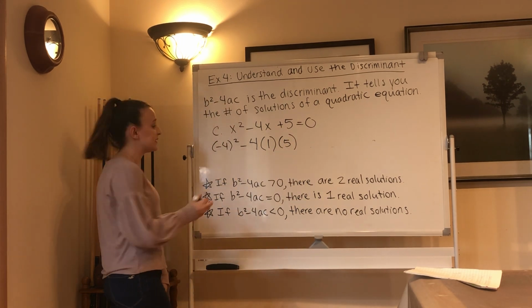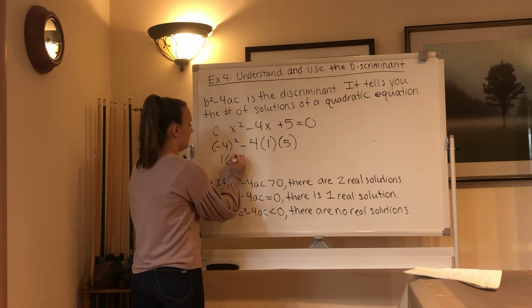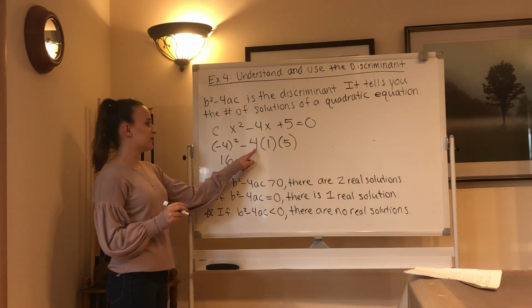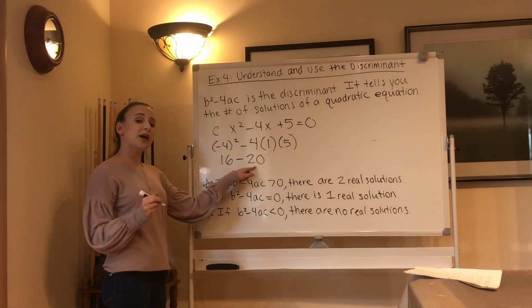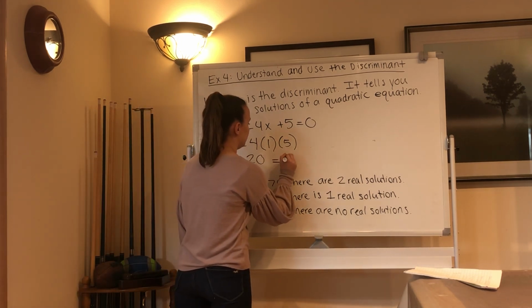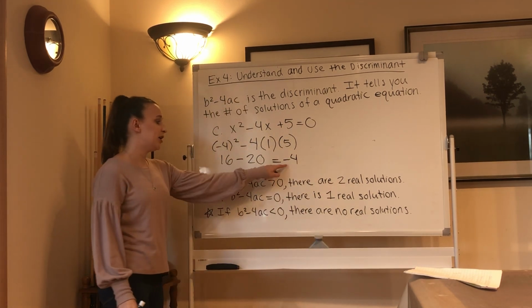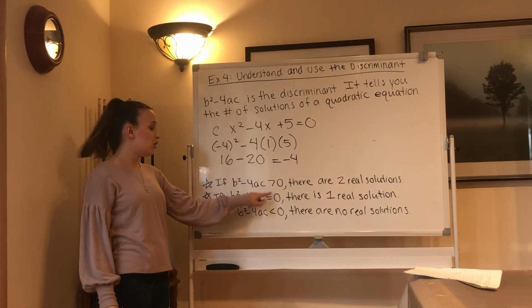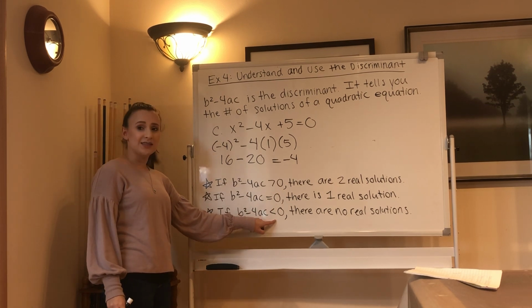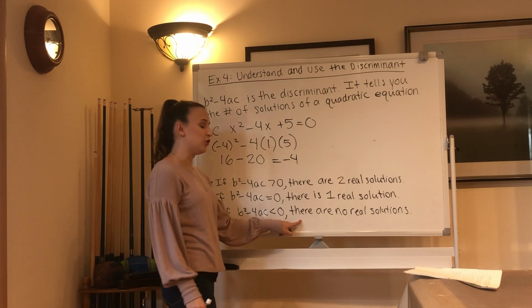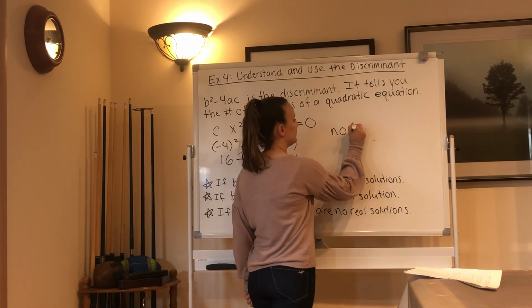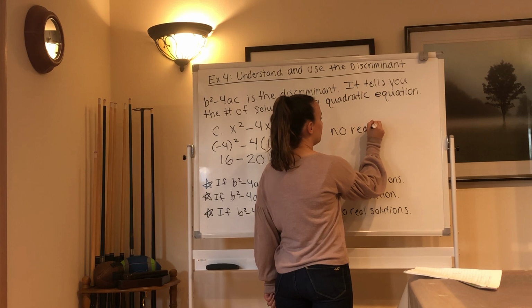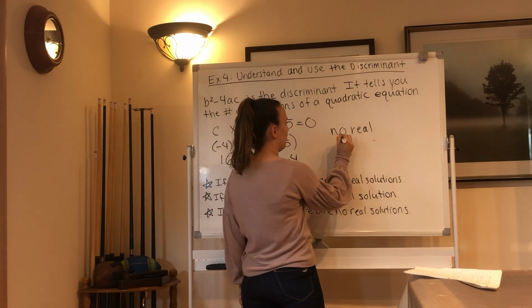Negative 4 squared is 16, minus 4 times 5, which is 20. 16 minus 20 is negative 4. Negative 4 is not greater than 0, not equal to 0, but less than 0. So that means we have no real solutions. There are no real solutions. So that means that the parabola is not crossing the x-axis at all.